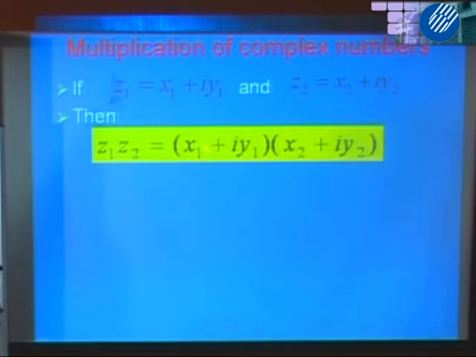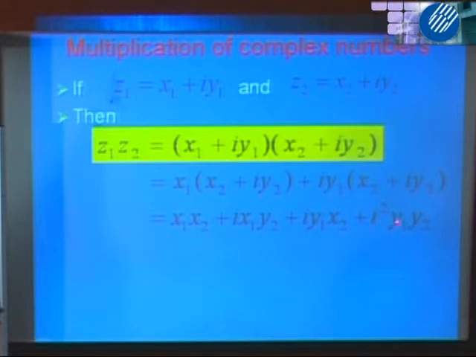So now here I expand it one by one by taking the x1 and multiplying this entire value, so therefore I have it in this format. Next taking iy1 and multiplying the entire value here and expanding it.